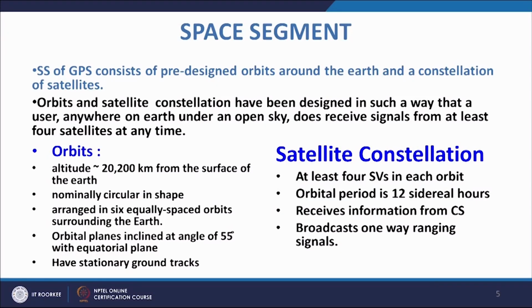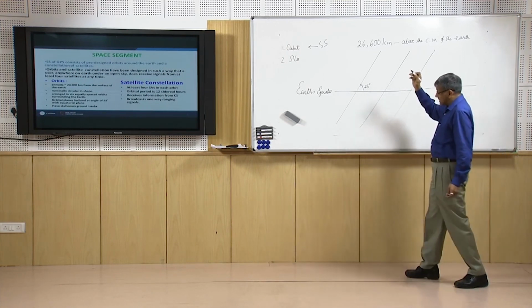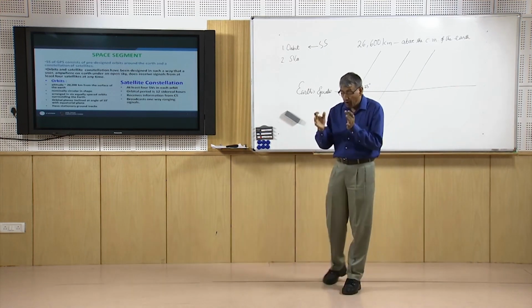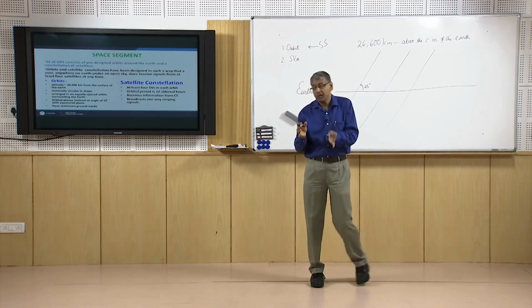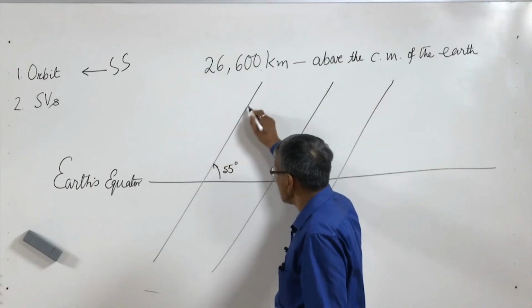Further, these orbits are designed in such a way that their footprint on the surface of the earth is along some stationary line.